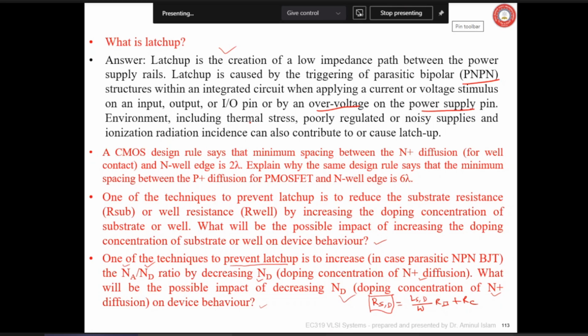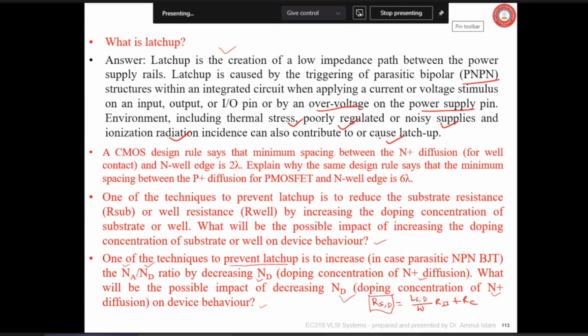Environment including thermal stress, poorly regulated or noisy supply, and ionization radiation incidents can also contribute to cause latch up.